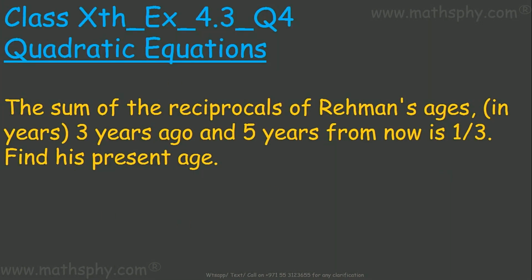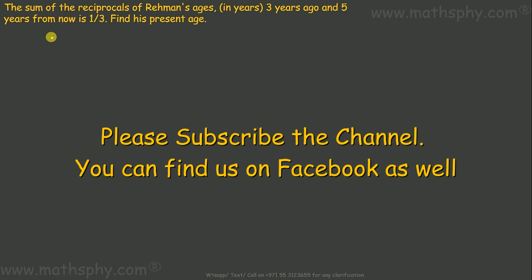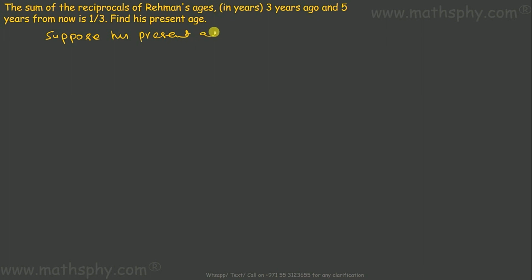This question says, the sum of the reciprocals of Rahman's age in years 3 years ago and 5 years from now is 1 over 3. Find his present age. Suppose his present age is say x years.